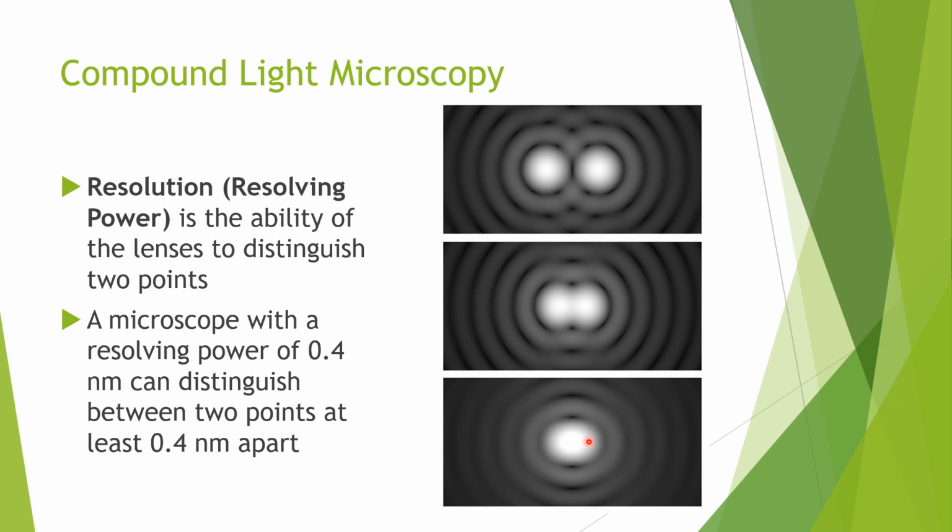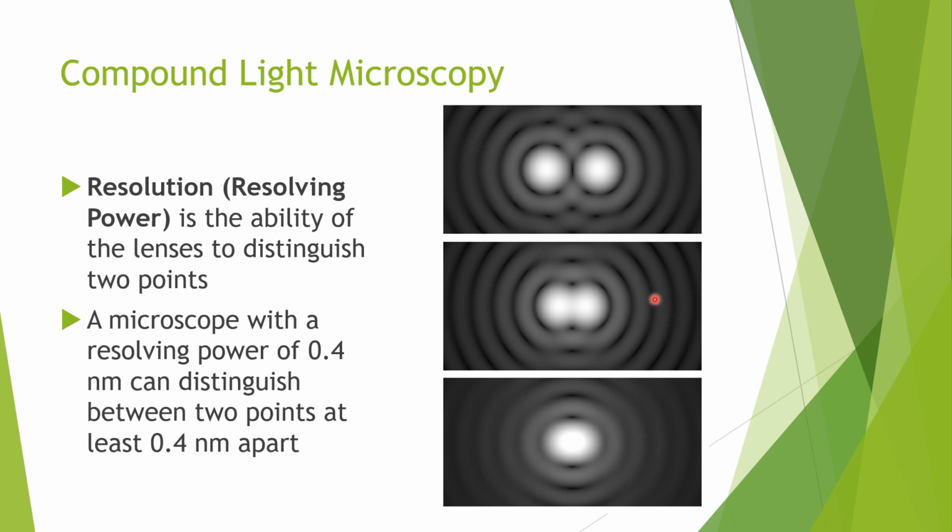Meaning, if this is what you're seeing under the microscope, this white, kind of blurry, fuzzy circle, right here, how many white circles are you viewing? Just one. But you're seeing it as one because this is a microscope with a pretty low resolving power.